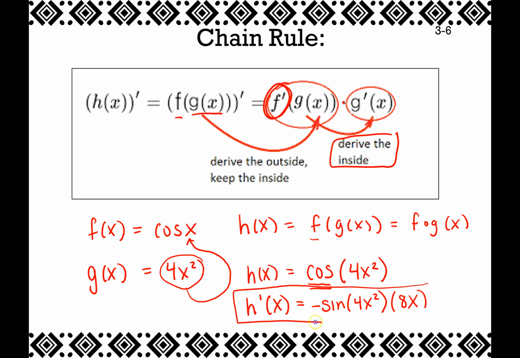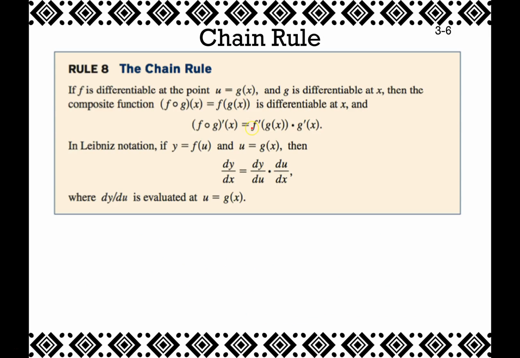So let's go back to that last slide and see how it's explaining this process right here. This is saying if you've got f of g of x, you can think of that as this right here. You take the derivative of f, your outside function, you keep your inside function, then you multiply it by the derivative of the inside function.